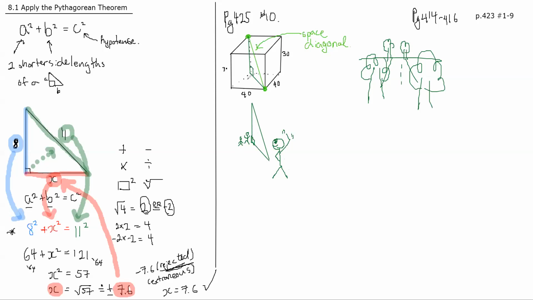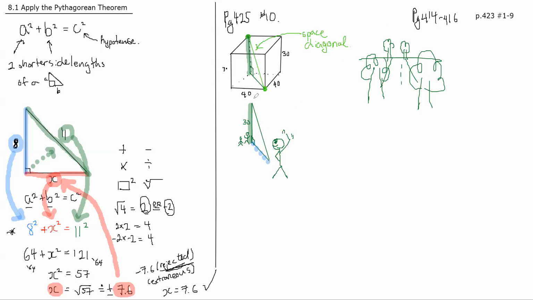Now, this is what I mean. This space diagonal, this right angle triangle is jutting out. The height here is still 30 because this height is 30. Okay. And so all I really need is this unknown side for me to use Pythagorean theorem and find the hypotenuse.